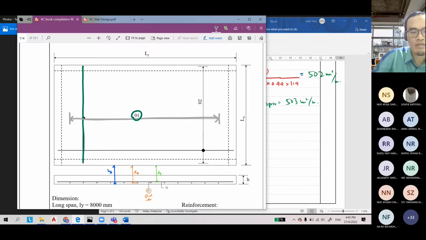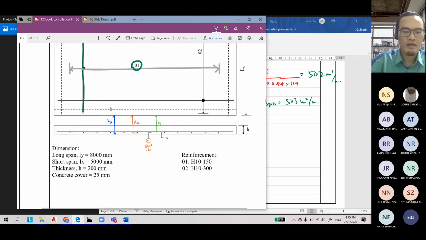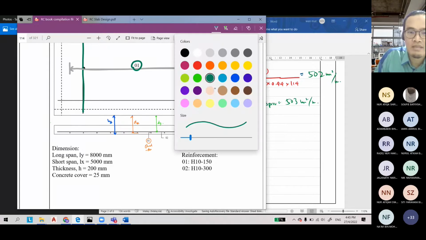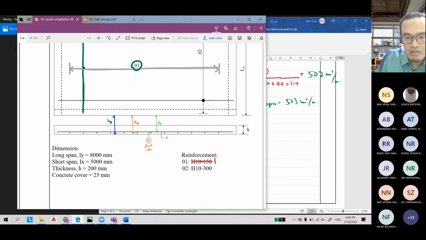You number the reinforcement, and the reinforcement here is H12 225. Sometimes they will just write it here, H12 225 BB, meaning bottom.